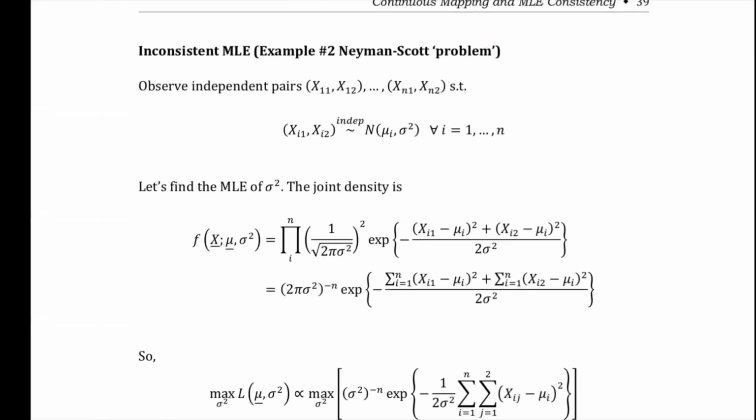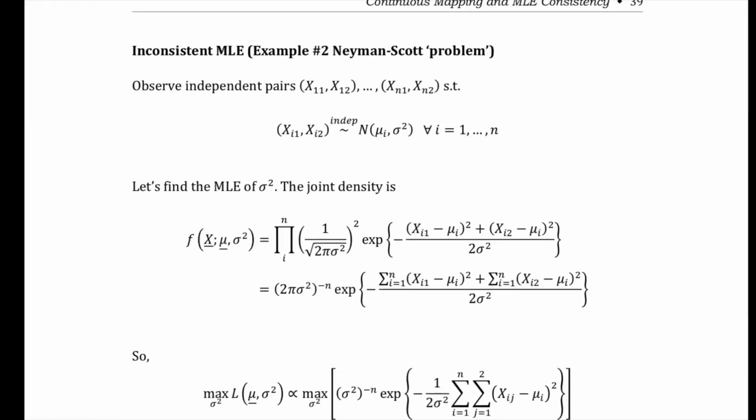All right, so here's the case that I want to pay attention to, and that's what happens when you have an inconsistent maximum likelihood estimator. This is a really good and important example because Neyman and Scott were one of the first to study what happens when you're trying to estimate a particular parameter, but you have more extra parameters than you have data points.